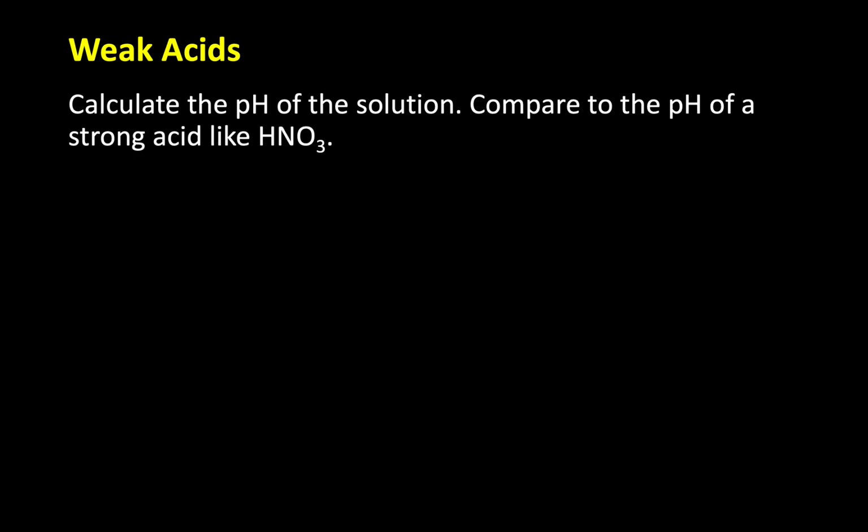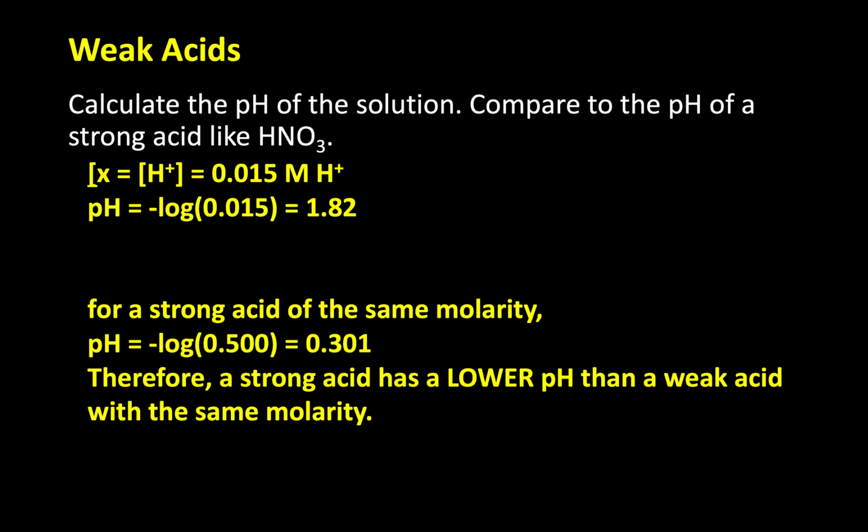Okay. Now if we want to find the pH of this solution, all we do is plug that into the pH formula. Sorry, there's an extra bracket there. So we end up with a pH of 1.882. Now if we compare this to a strong acid of the same molarity, we would end up with a pH of 0.301 because the strong acid is going to completely dissociate.